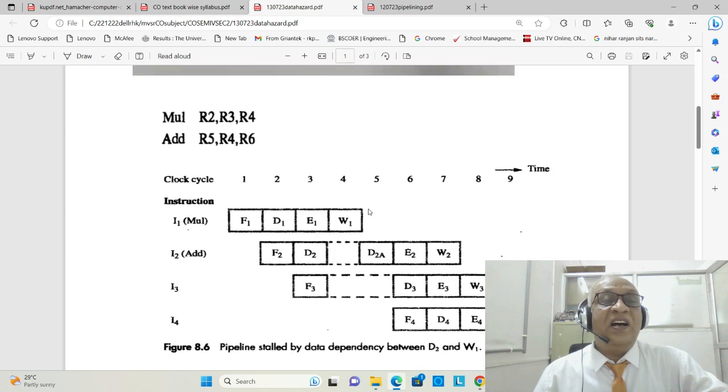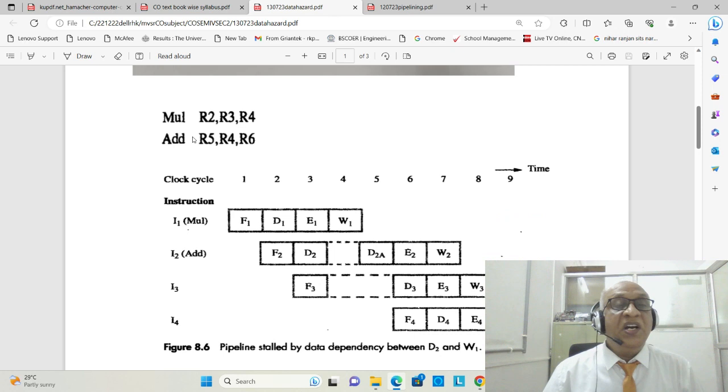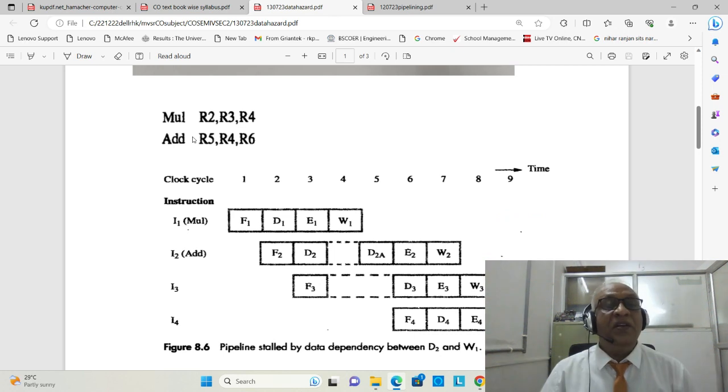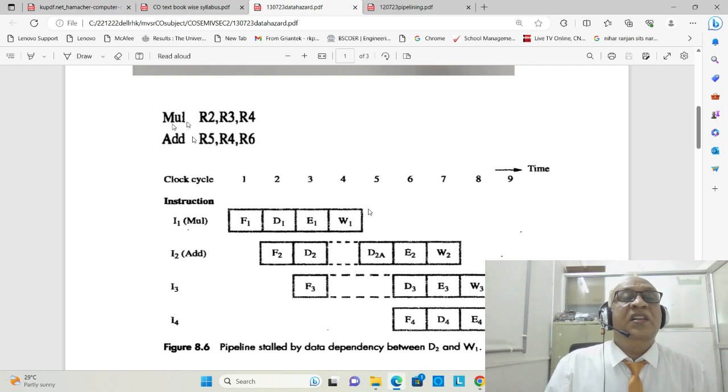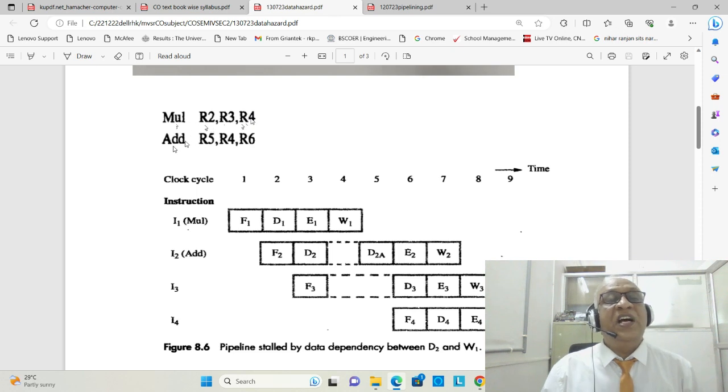Let us take two more instructions to understand the meaning of stalling, the meaning of pipelining, the meaning of data hazard. What is the first instruction here? The first instruction is multiplication. R2 and R3 will be multiplied and the result will be kept in R4. Similarly, the next instruction is addition.